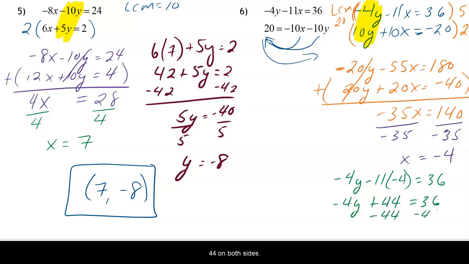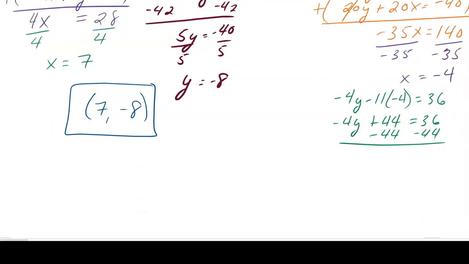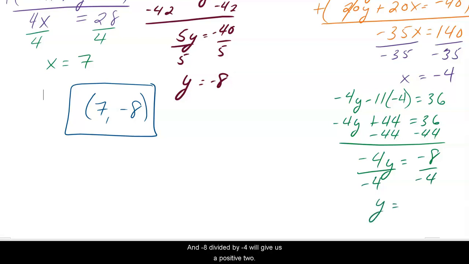Subtract 44 on both sides. So negative 4y would equal negative 8. Divide both sides by negative 4. And negative 8 divided by negative 4 would give us a positive 2. So our ordered pair for number 6 would be negative 4, 2.